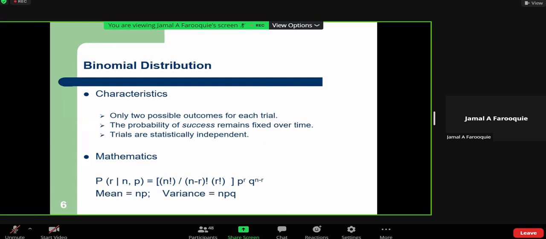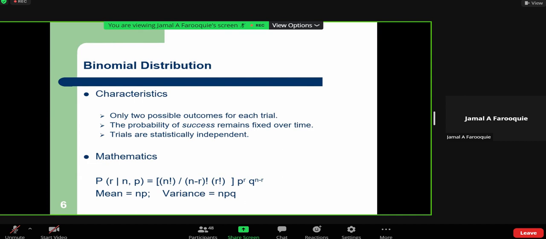So if a variable or an experiment or a situation can be described by these points, that there are only two possible outcomes of each trial, trials are statistically independent, and the probability of success remains fixed, then that distribution or situation can be described using a binomial distribution.